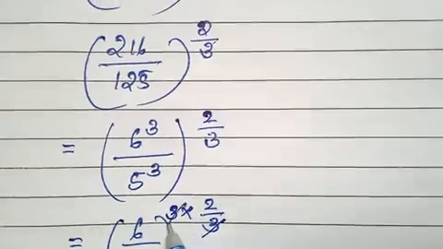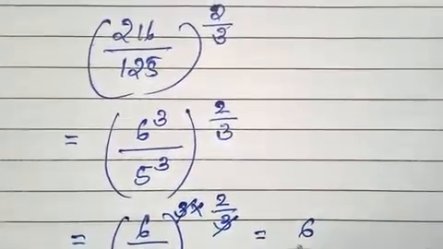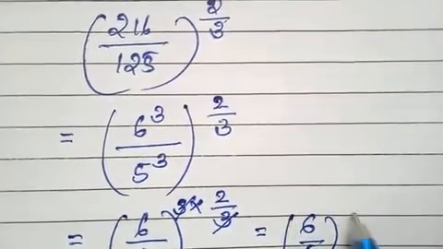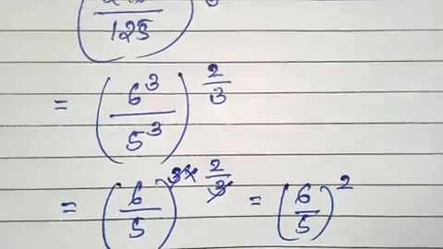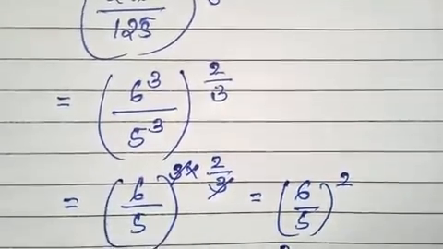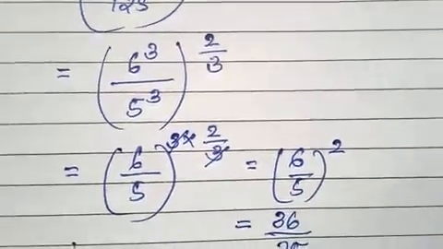This 3 and this 3 we should cut. Then we will write (6/5) raised to power 2. This is the answer. Then the final answer we should write: 6 squared is 36 and 5 squared is 25. Understood?